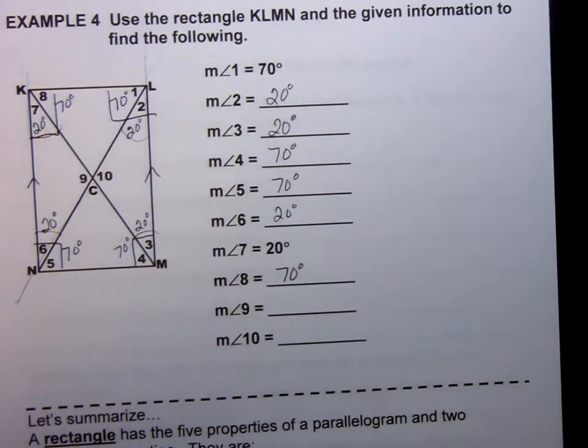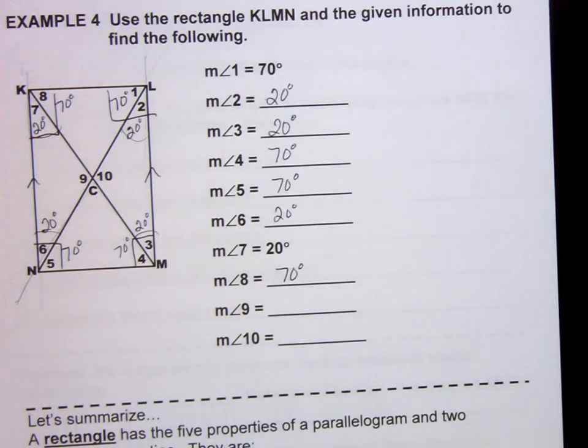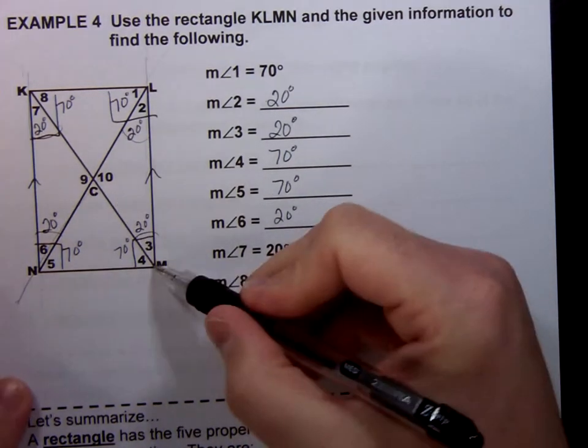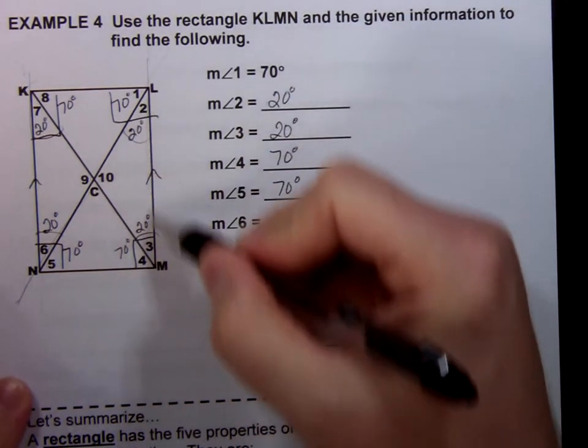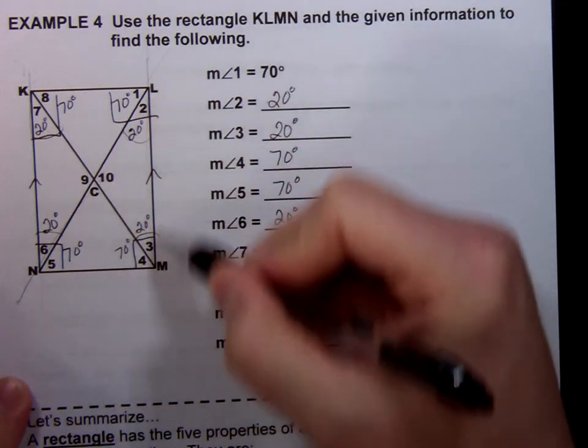Alright. Now we need to find angle 9 and 10, and they're a little different because they're where the diagonals intersect. They're not at the normal vertices of the rectangle. Think about triangles. In a triangle, the 3 angles always have to add up to 180 degrees. Well, here's a triangle, and those 3 angles have to add up to 180 degrees.